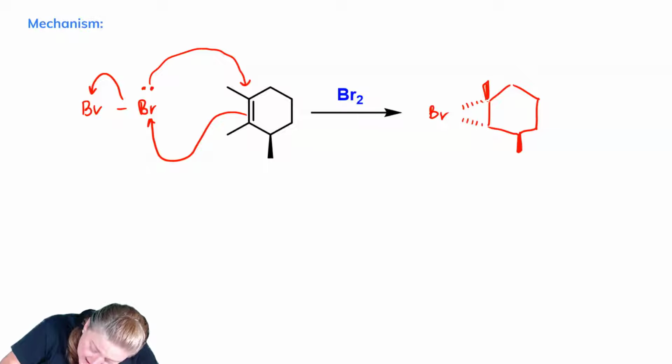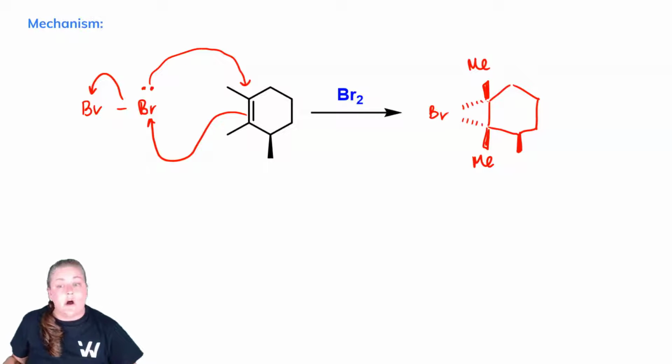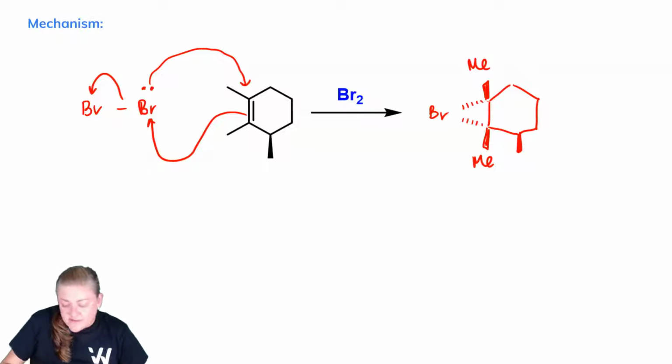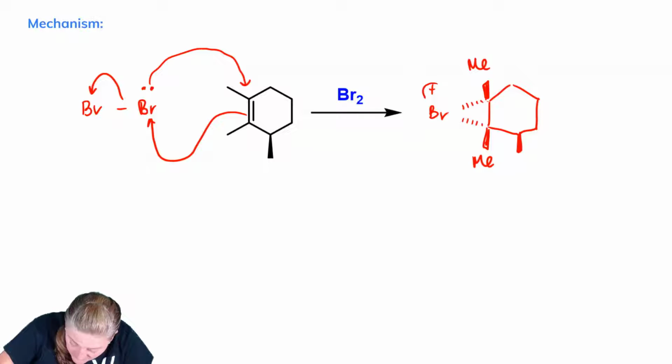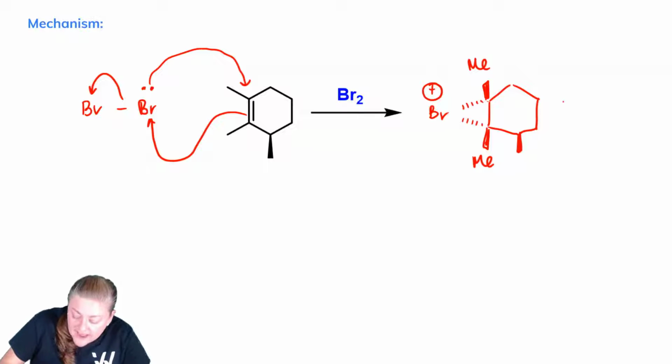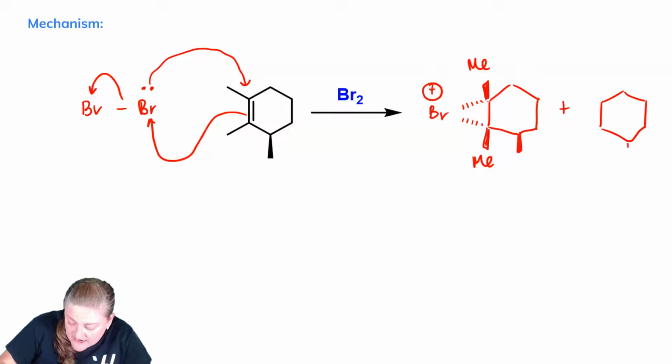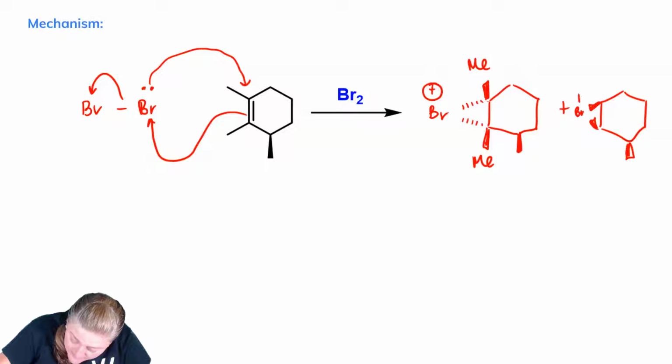The bromine atom, you'll notice, is added to the same side. And you'll notice here that I drew it on the bottom face, but could have drawn it on the top face, and that's important. Here, I'm going to put a positive charge, and I'm going to draw both structures just so you can see them and understand what's occurred. So again, I could show the bromine atom added to the top face as well.